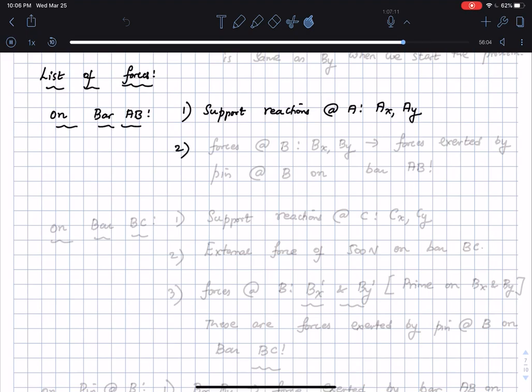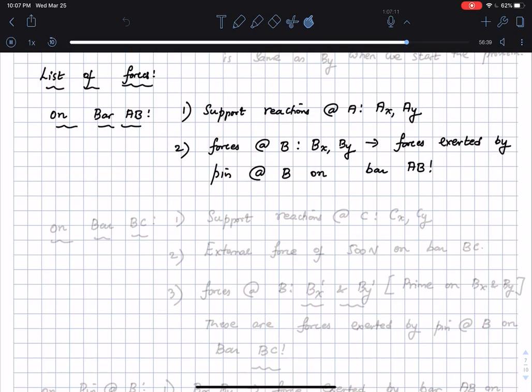Then you will see that there are forces at the point B which are BX and BY, and the key thing is this: these forces BX and BY on the bar AB are the forces exerted by the pin at B on bar AB.